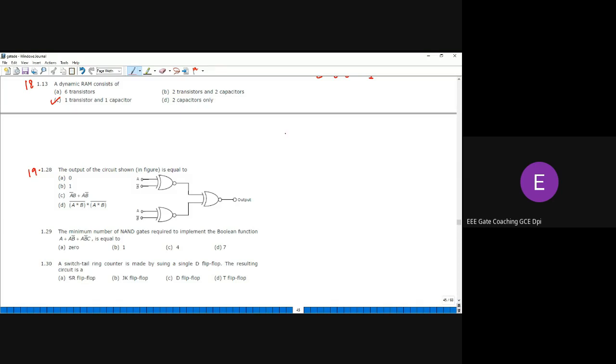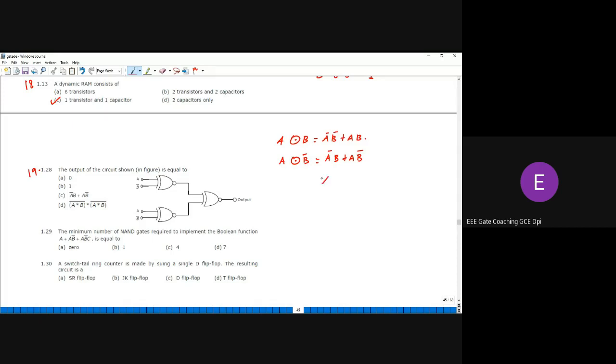That's the logic of XNOR gate. A bar B bar plus AB, right? So here they have given A XNOR B bar. So what's the answer now? A bar B plus A B bar, right? Then here also the same.